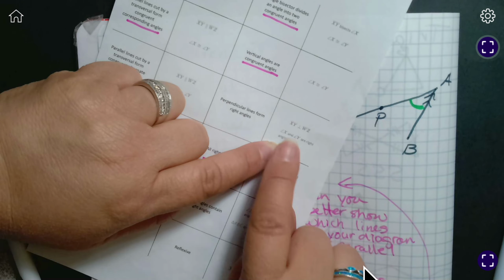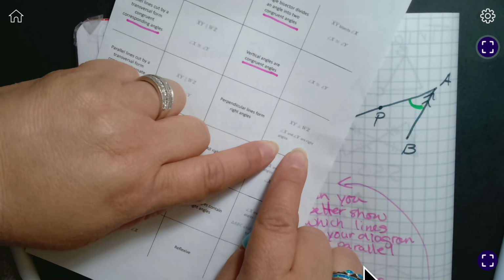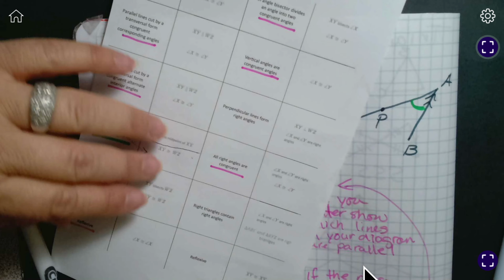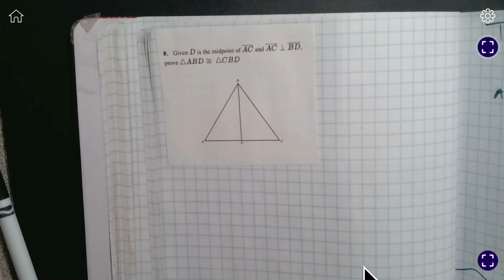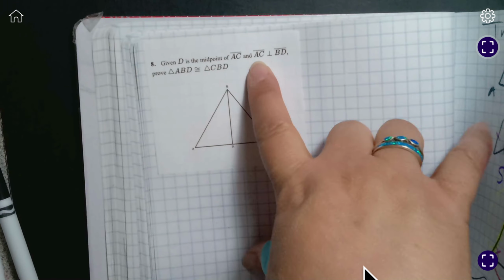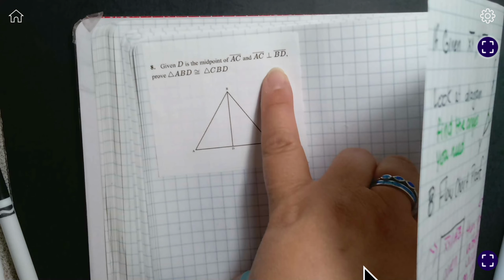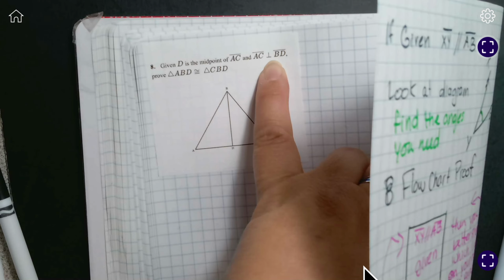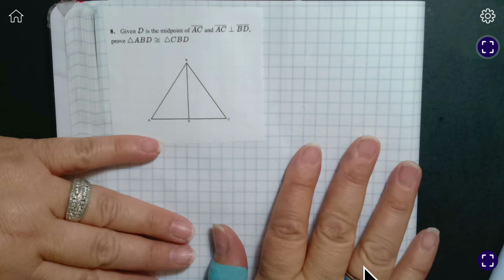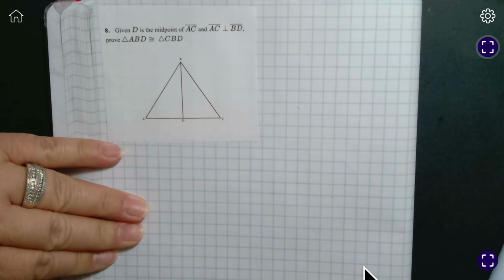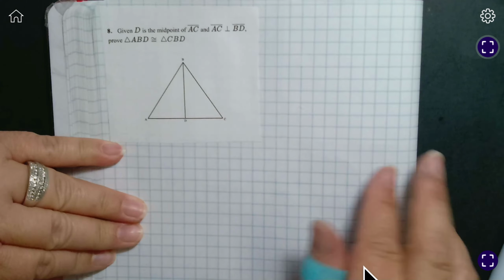Okay? So let me show you what that's going to look like. And in fact, we have perpendicular lines on number 8. So let's look at that one. Okay? Is that okay, guys? All right. In fact, let's just do number 8 so you can see how the boxes are going to work. Okay.